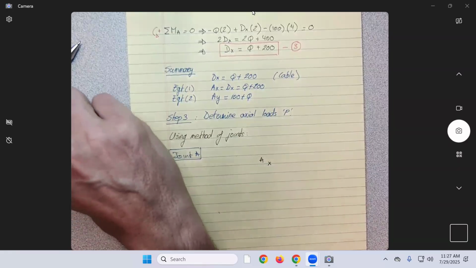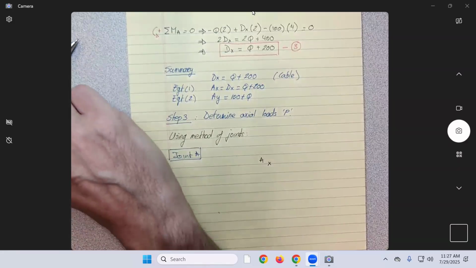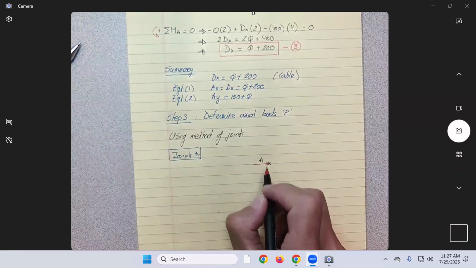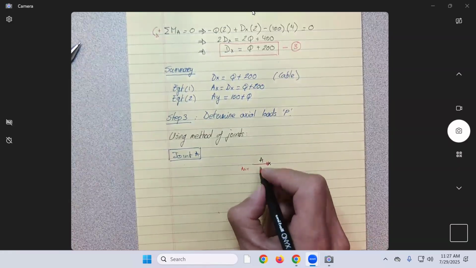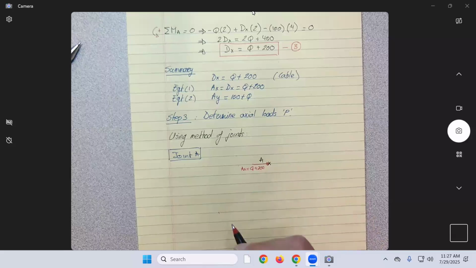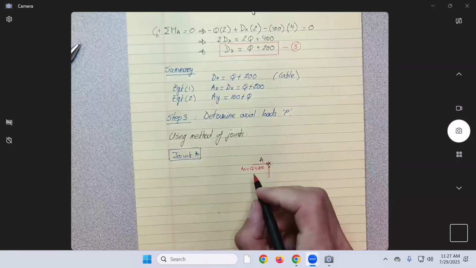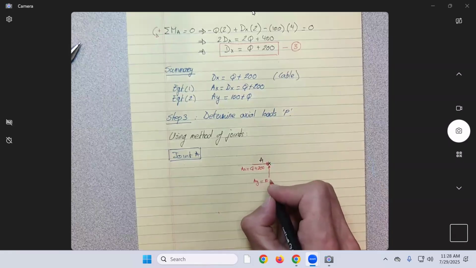Always do some type of figure, then apply the equation. So let's see, we have over here AX equal to Q plus 200. We have AY, which is equal to 100 plus Q.